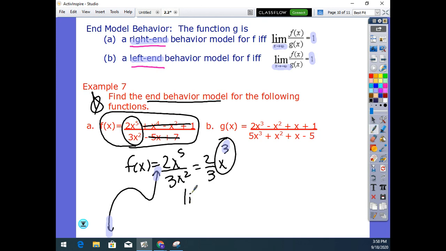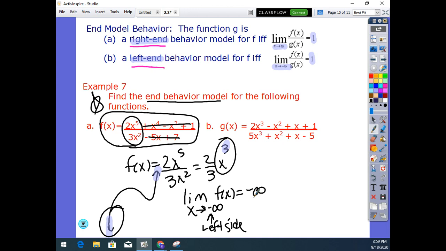So I could take the limit as x approaches negative infinity. This just means the left side of the function, and it's going to be going down to negative infinity.